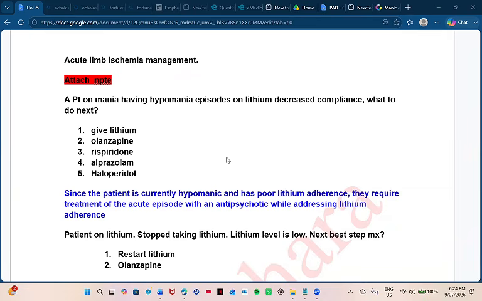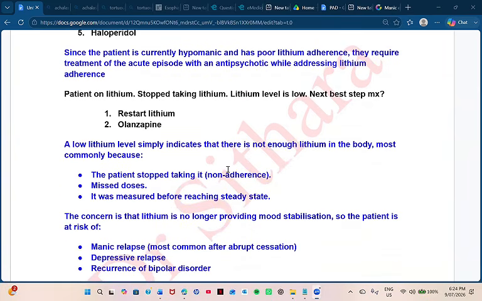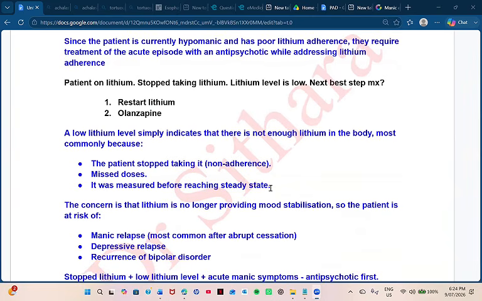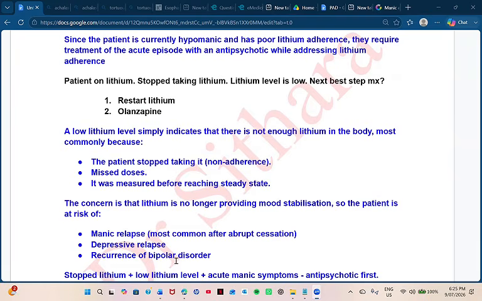Yes, it depends on the scenario. Okay. So here, low lithium levels simply indicate that there's not enough lithium in the body, right? Most commonly because the patient stopped taking it, because of non-adherence or missed doses, or it was measured before reaching steady state, right? The concern is that lithium is no longer providing mood stabilization, so the patient is at risk of manic relapses, depressive relapses, or recurrence of bipolar disorder, right?